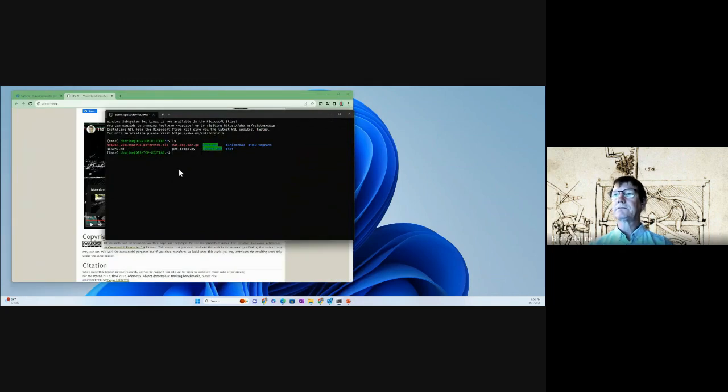Let's see if I still have something running here. Yeah, so here I can do a python3 -m venv and wait a little bit. Why is it so slow? Okay, now it's done.